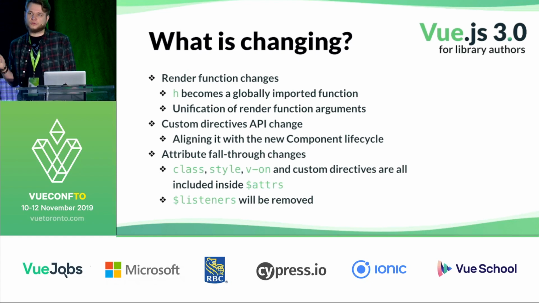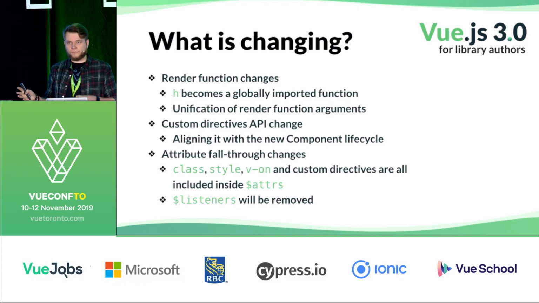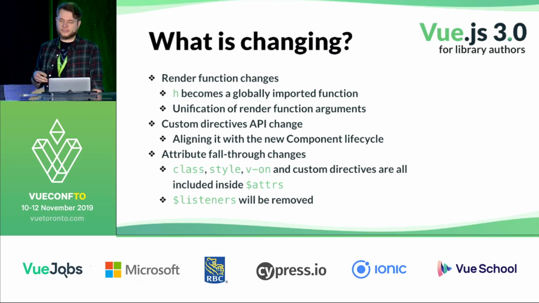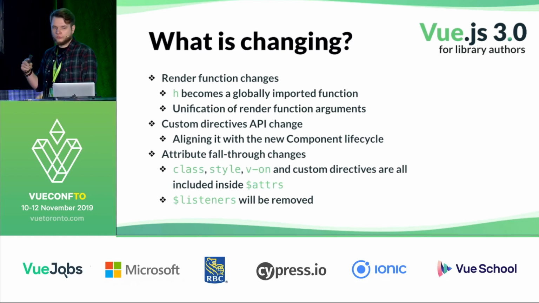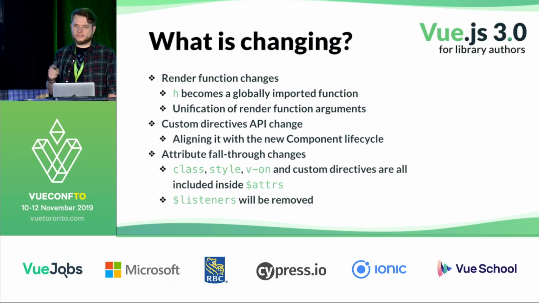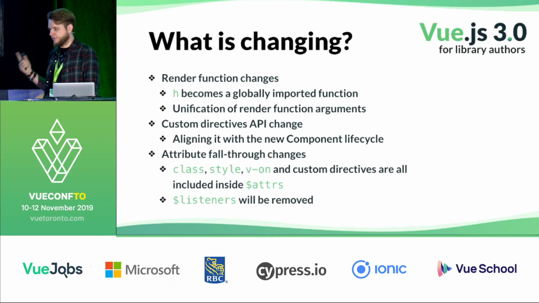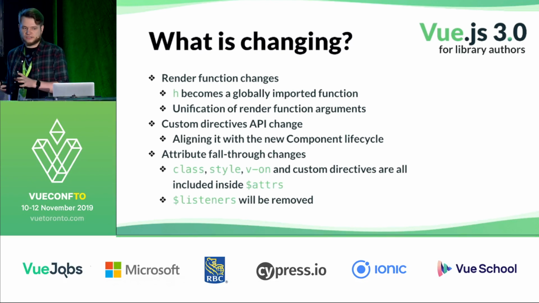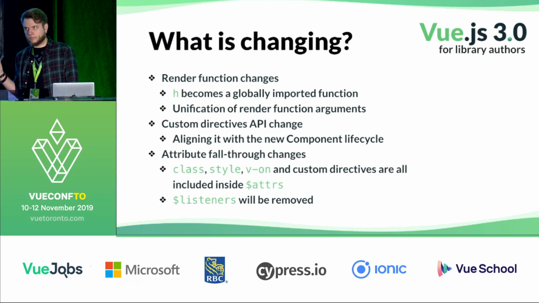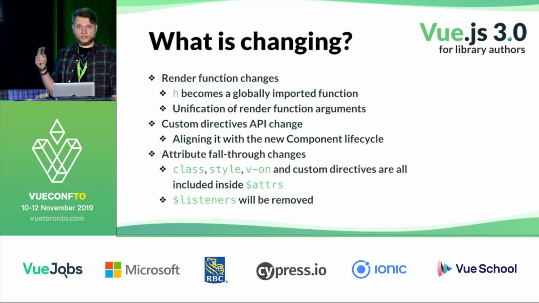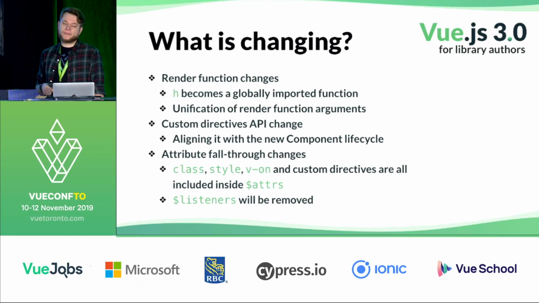There are also some changes to the custom directives to fit into the new component lifecycle. And there are also some small changes to the attribute fall through, which means the class, styles, and v-on listeners will all be moved to the $attrs property, and $listeners will be removed.